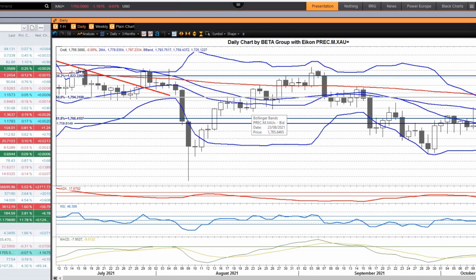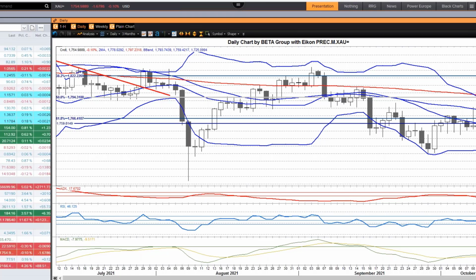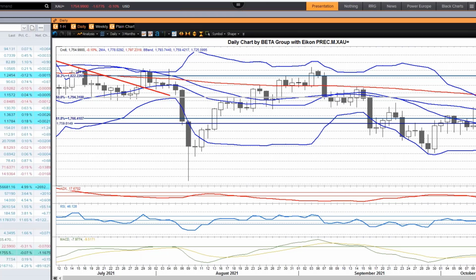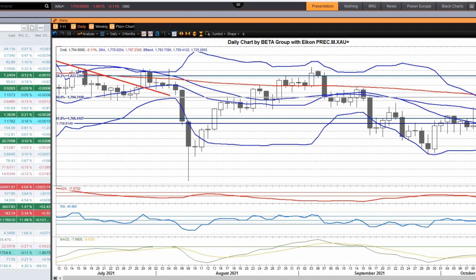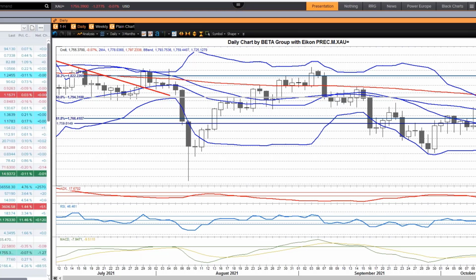The RSI is at 46, nearly 50, and the ADX is at 17, no trend in the market. What's it doing having no trend in these conditions with the strong dollar and the inflation? It's just looking soggy, very soggy indeed.